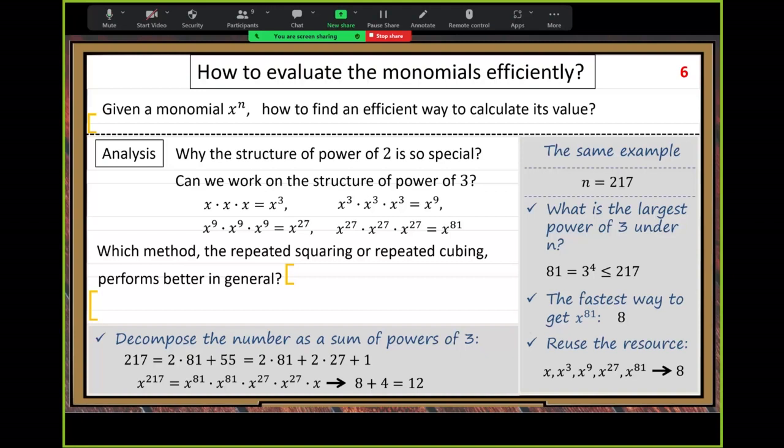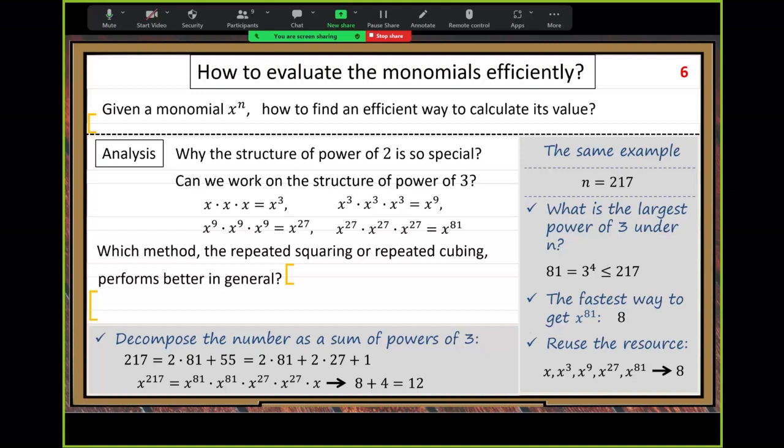If we just look at this particular example, n equals 217, repeated squaring is better, right? Remember, we need 11. Here, 1 more, 12. But you cannot say repeated squaring is always better than repeated cubing.